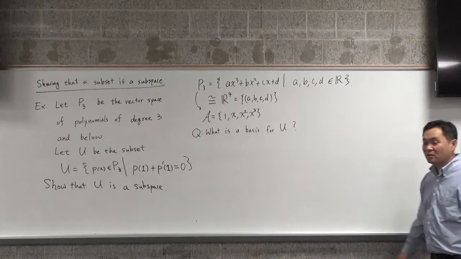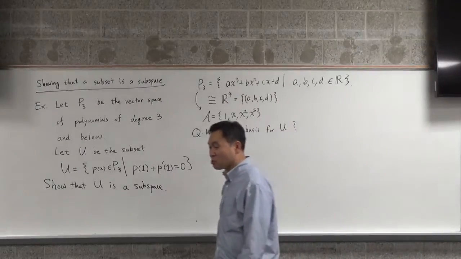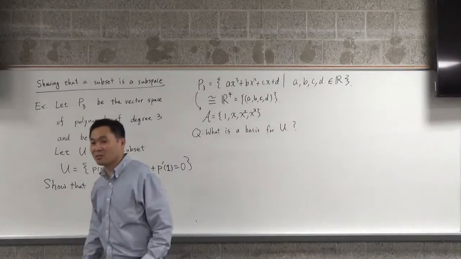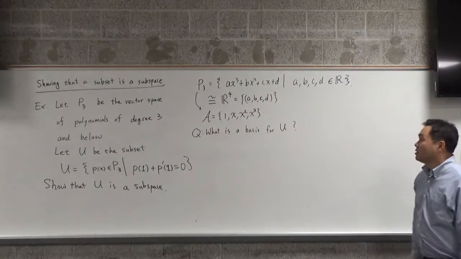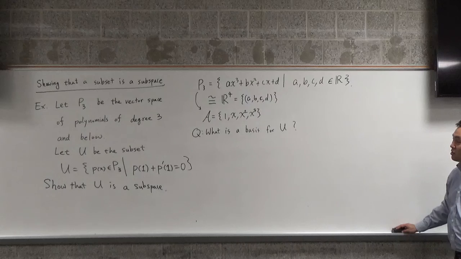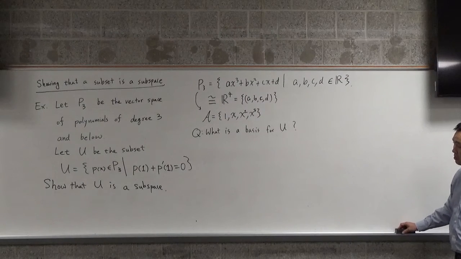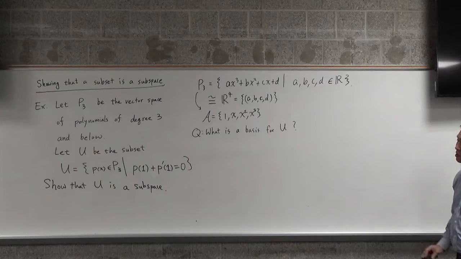The only vector space that has a unique basis will be the 0 vector space, the trivial vector space. In all the other cases, you have many different possible bases. But here the question is, can you find one basis for U?